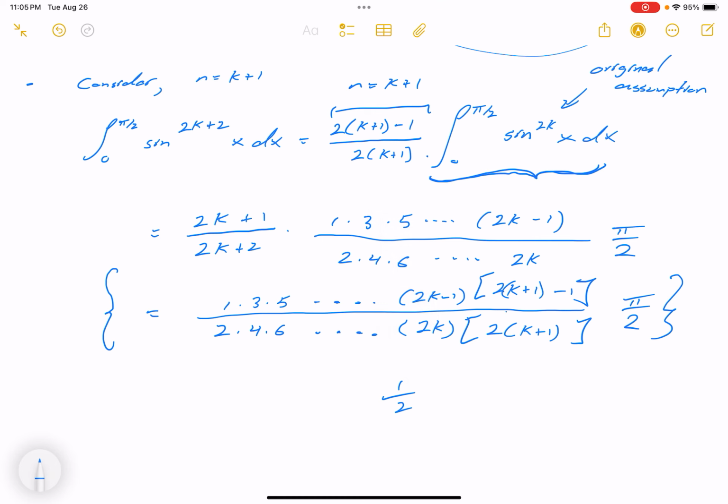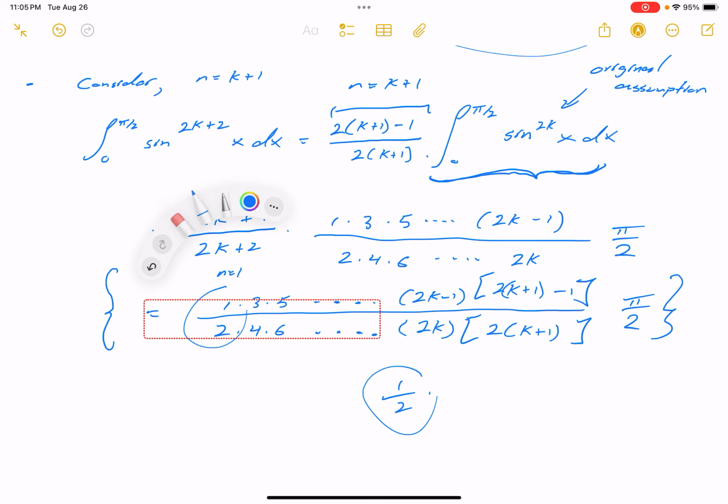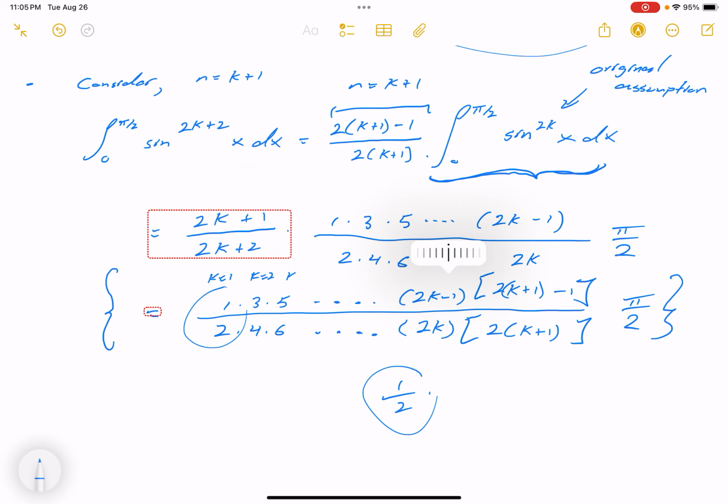And then this is basically the same thing as, look, it checks out, right? When k equals 1, when k equals 2, k equals 3, it checks out. Because look, we have this and we have that, it checks out.